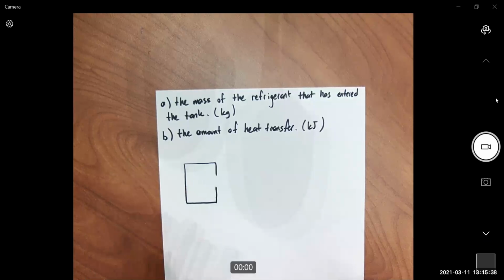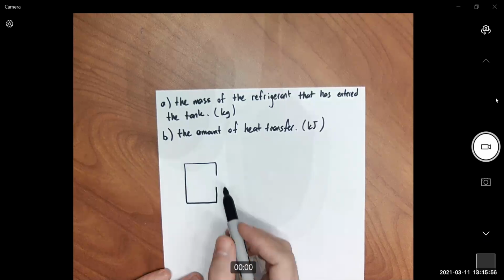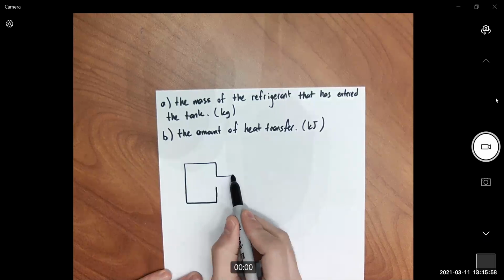You can approach any problem from an open system view. That's a general approach. You can apply the first law of thermodynamics and conservation of mass to anything. But in this case, we have a tank, which is a closed system, and it's connected to the supply line.